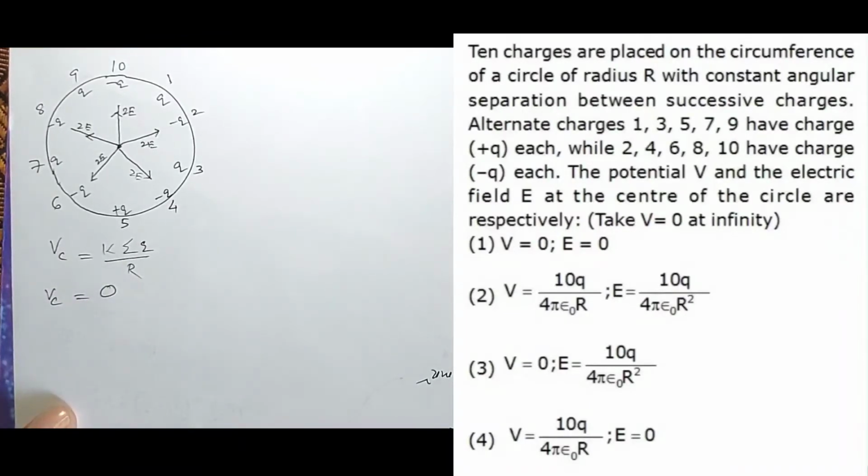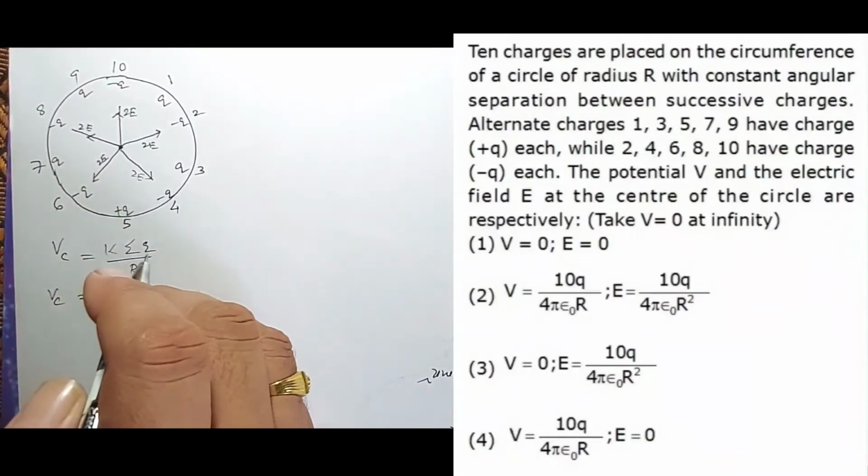There are 5 positive charges and 5 negative charges, so the net charge is 0 and the potential is 0 at the center. But what is the electric field at the center? Now we are going to discuss that.